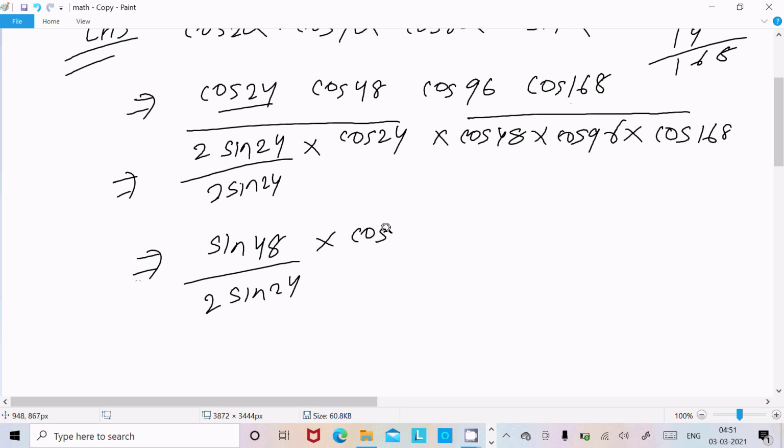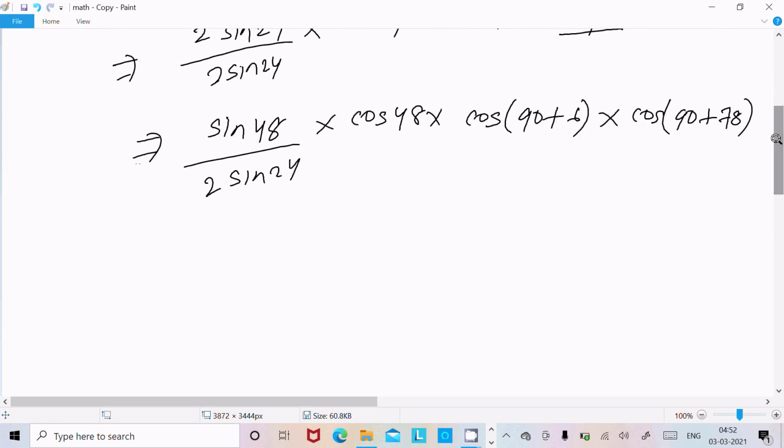Here that becomes sin 48, and in this place we can write cos(90 + 6), and for this one we can write cos(90 + 78).